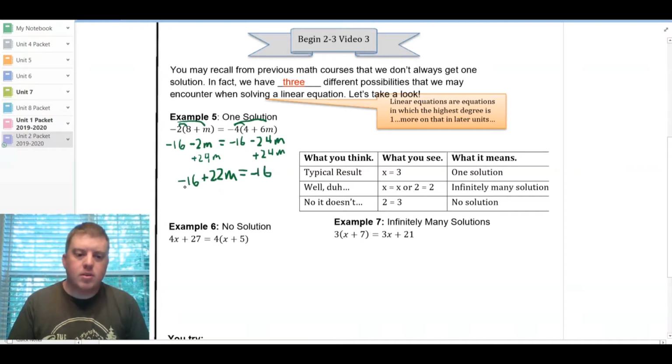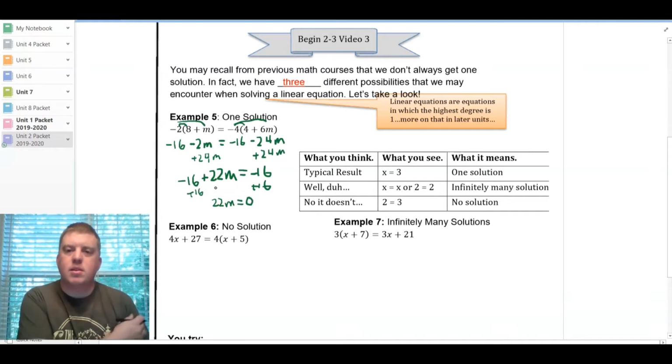So the next thing I want to do is get that m by itself. To determine whether I do the -16 first or the 22 first, I need to look at my order of operations. I am working backwards through the order of operations, so I want to get rid of that subtraction first. And I do that by adding 16 to both sides. So that's going to give me 22m is equal to 0.